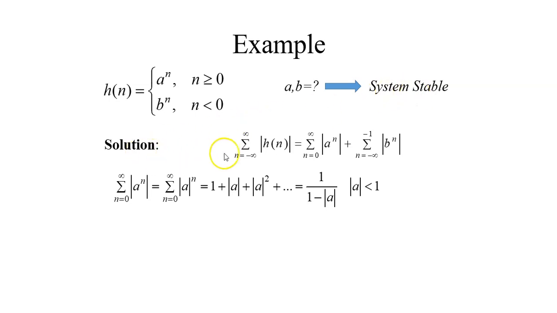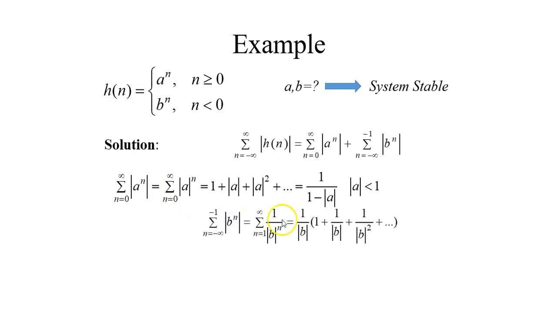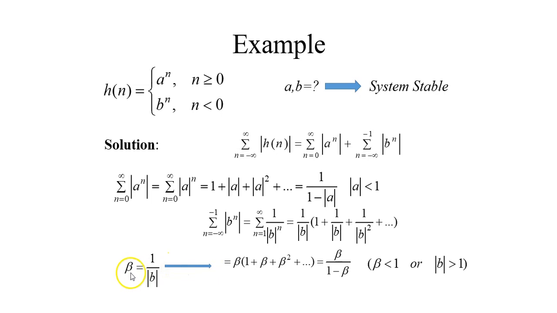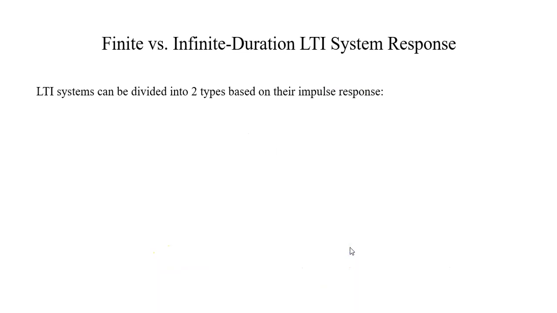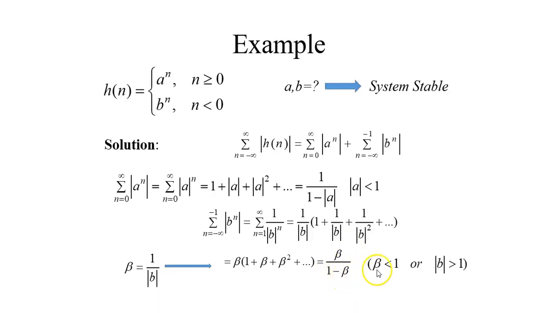We have a solution. This is our absolute value of h of n. As you see, this part is for positive values, and this is for negative values of the impulse response. After calculations, we have beta equals 1 over the absolute value, we are assuming this value, and finally we have beta over 1 minus b, which means b less than 1, or the absolute value of b more than 1.